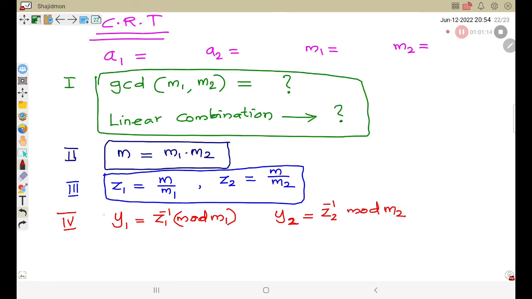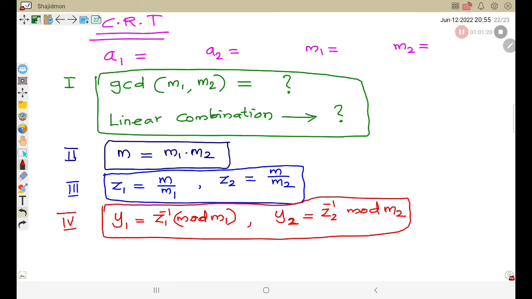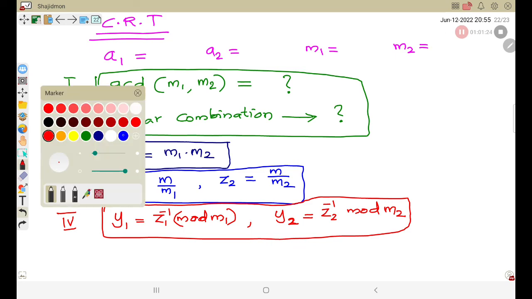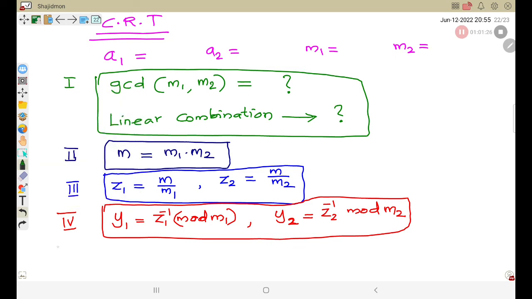So we calculated these two numbers, y1 and y2. Now once you have all these numbers, lastly we write the solution in the fifth step.